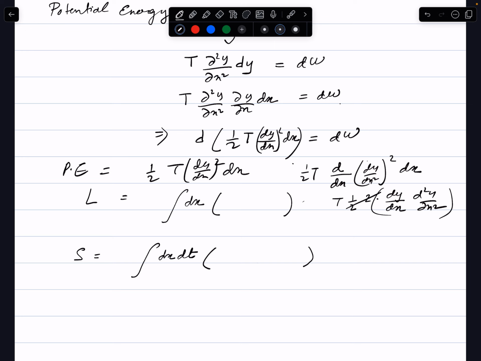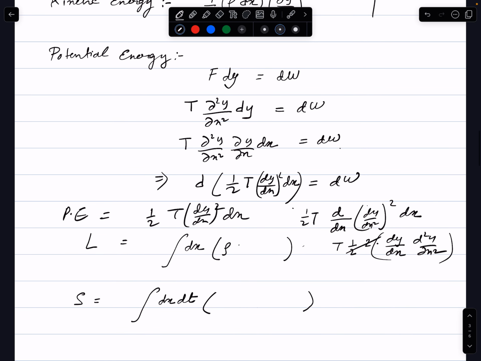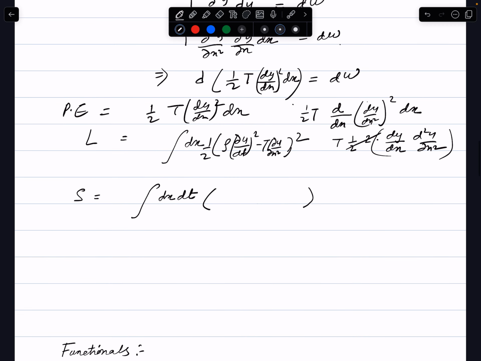So I have this kinetic energy, which was rho del y dy dt whole square, half, minus T dy dx square, integrated over length. So now the action, which was the integral of the Lagrangian over time, looks like this.